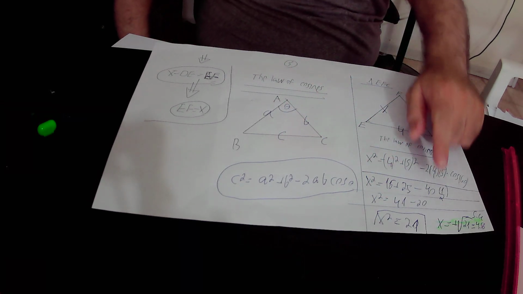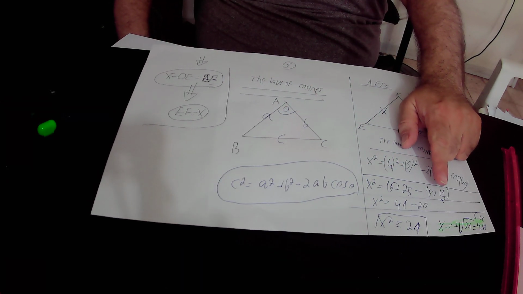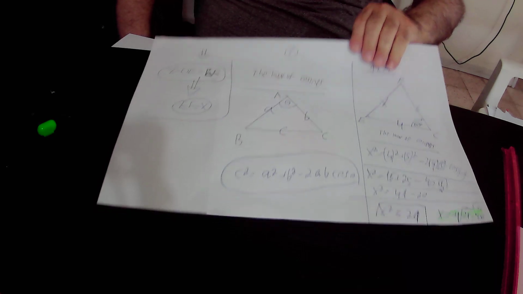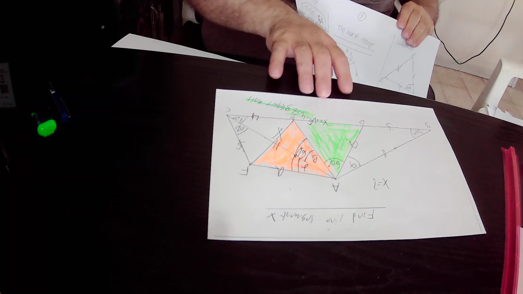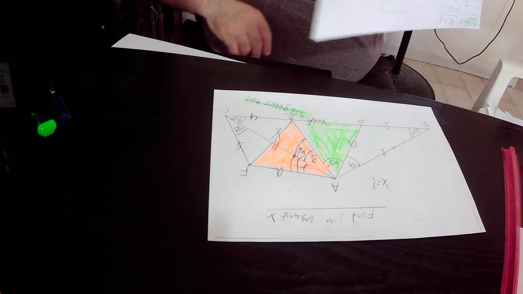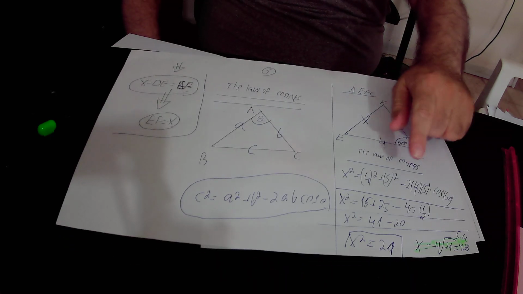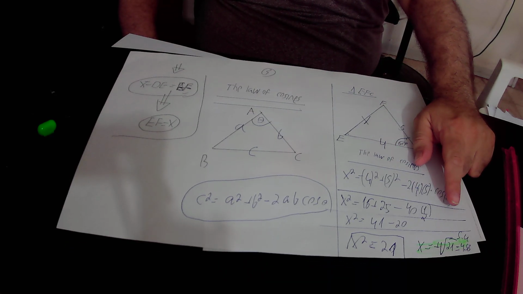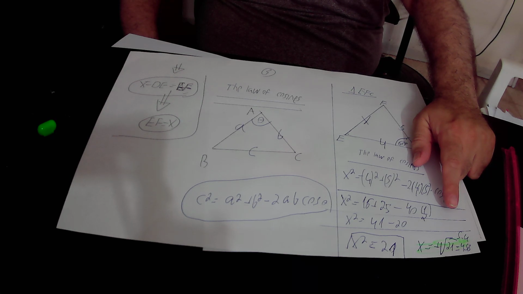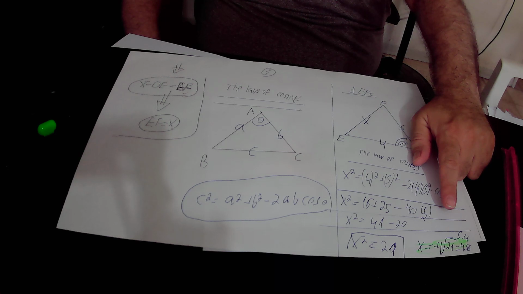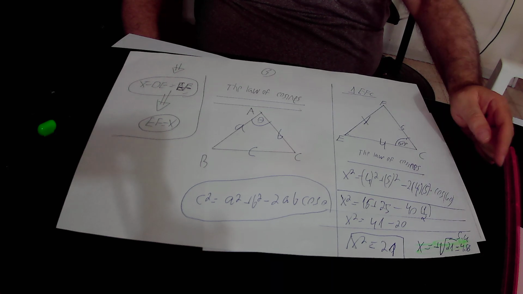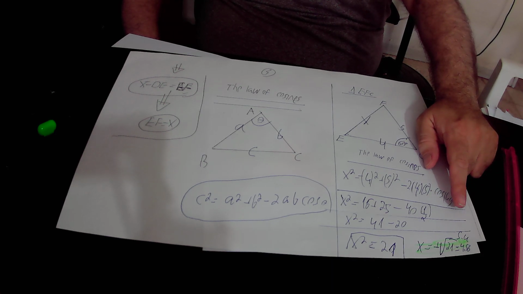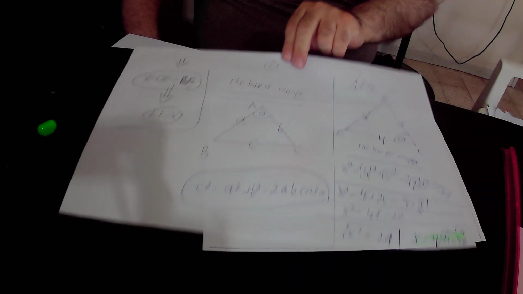We took the root of this equation and found that x, the length of side DE, equals the positive square root of 21, because x as a length can never be a negative number. Or in terms of numbers, it is equal to 4.58 units.